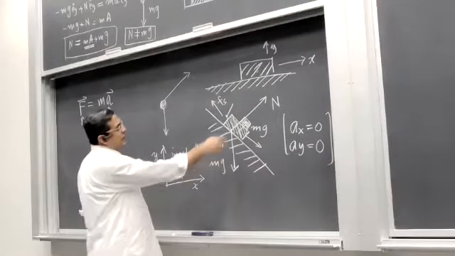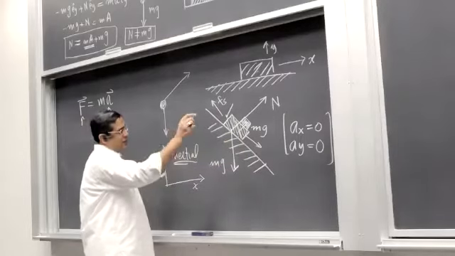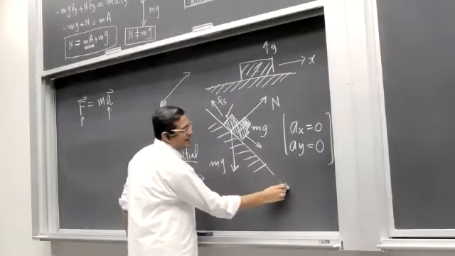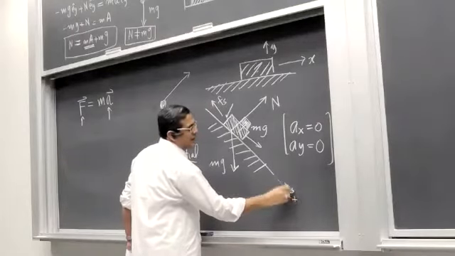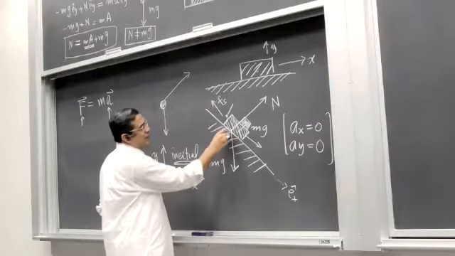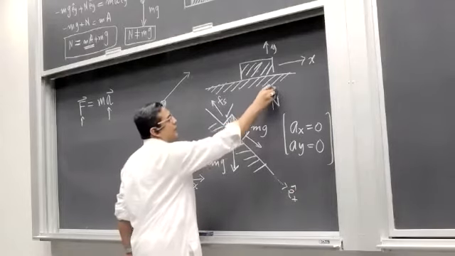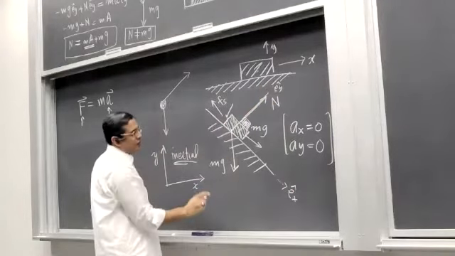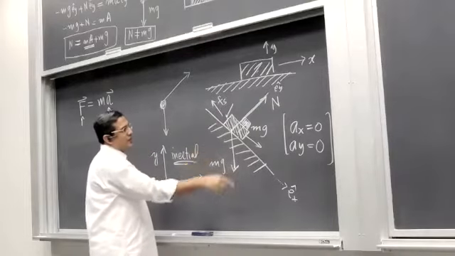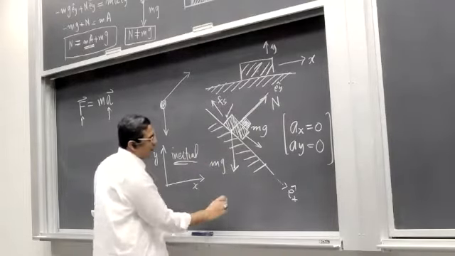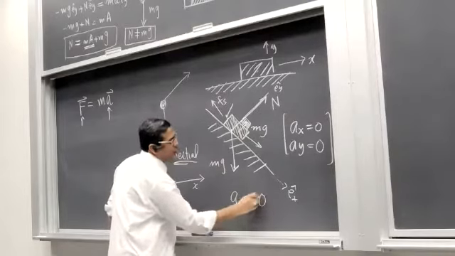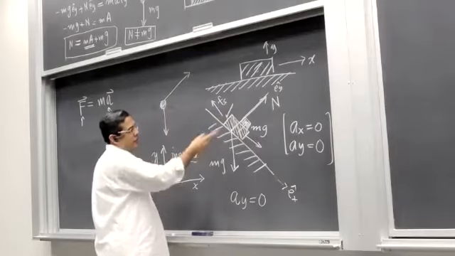In a similar way, if I carefully choose the coordinate system, and you will see we would do that, let's say that we choose the coordinate system in such a way that this is my e_x, the unit vector, and y is along the normal force, e_y. Then your constraint equation would be, and I chose this coordinate system to make the constraint equation simpler, that a_y in this case would be 0, no acceleration along the normal force.